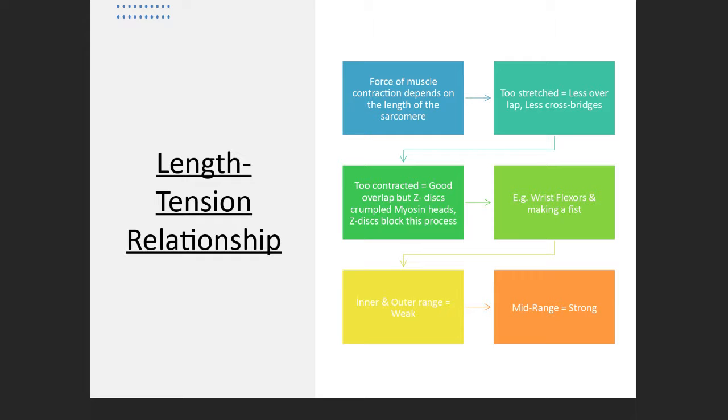So in the lower limb, give me an example of a muscle that will normally suffer from passive insufficiency. Rec fem, yes, rectus femoris. That's the classic one as well. And gastroc.